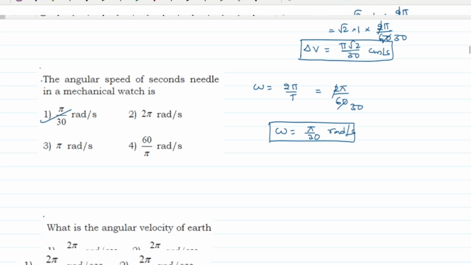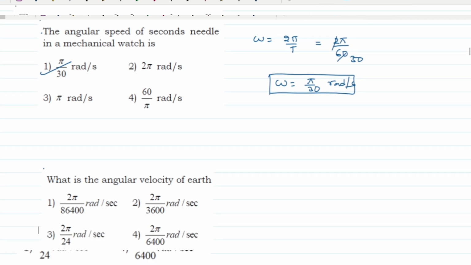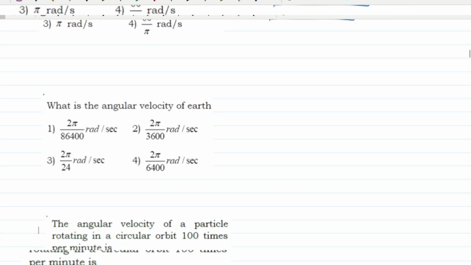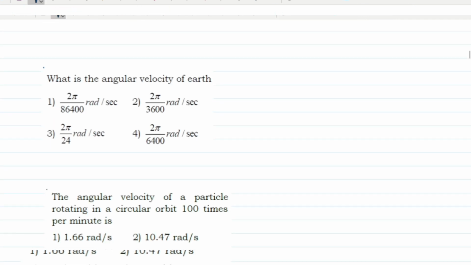Let us see the next question. The next question says what is the angular velocity of the earth they are asking. Angular velocity of the earth means omega, which will be equal to 2 pi by t. Here the unit is radian per hour. The time to complete one rotation will be 24 hours.